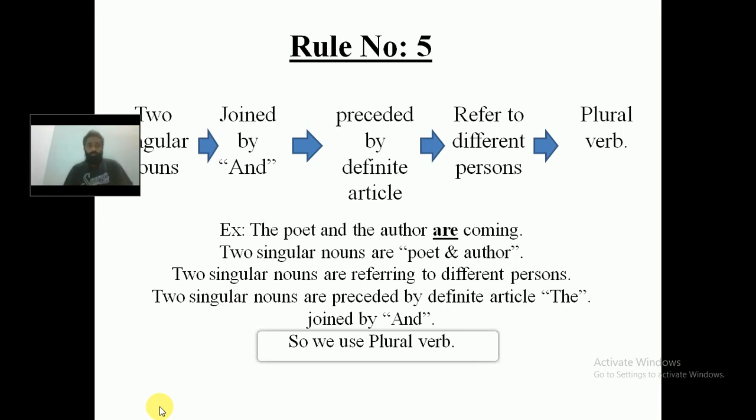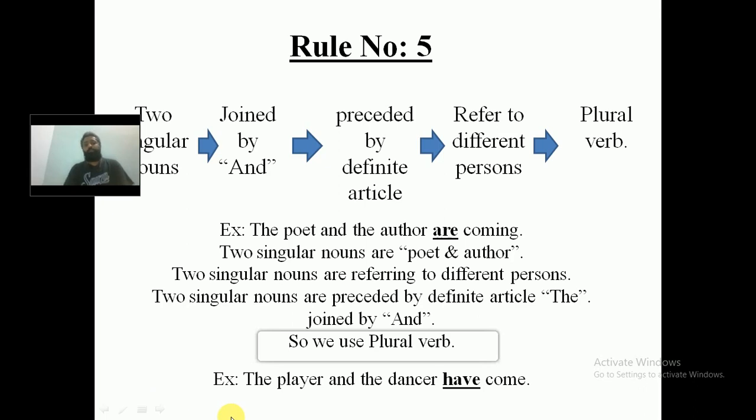So my dear students, when there are two singular nouns preceded by definite article, it means that these two nouns are referring to different persons. When I say the poet and the author are coming, these two are not the same person. The poet and the author are different persons. So we are using the plural verb.